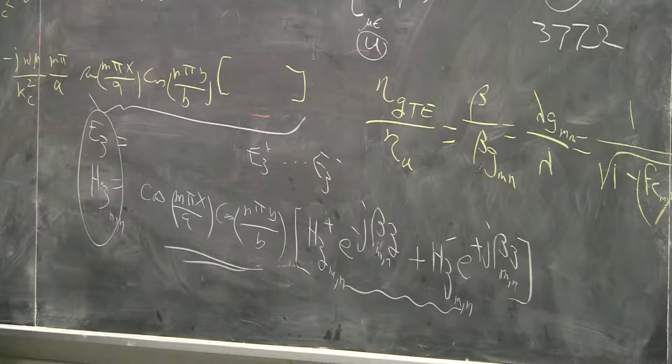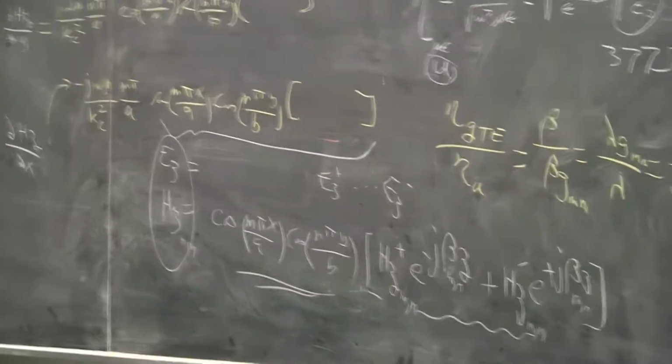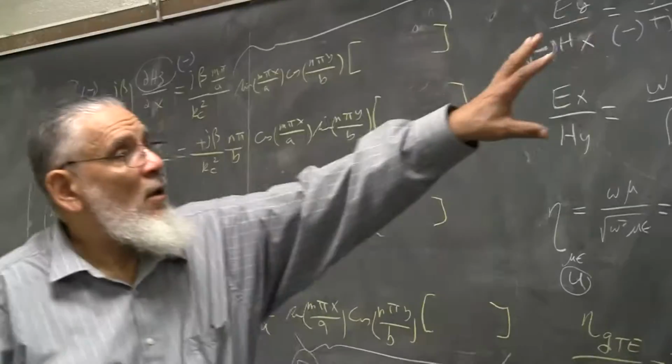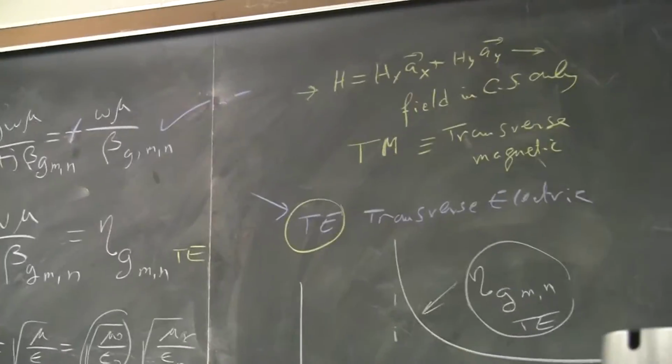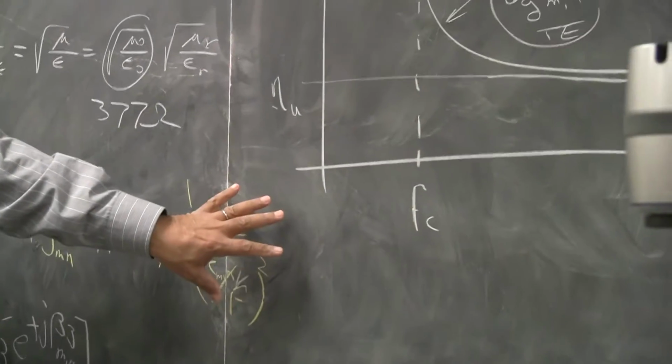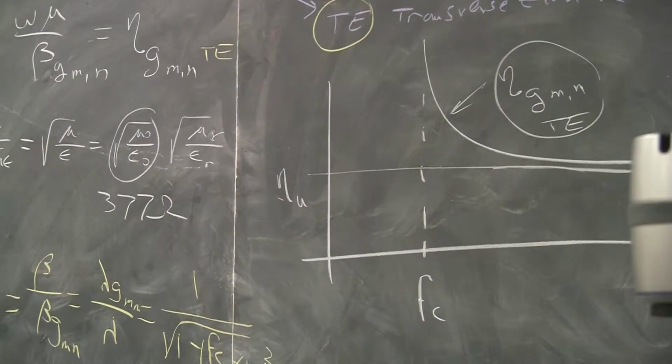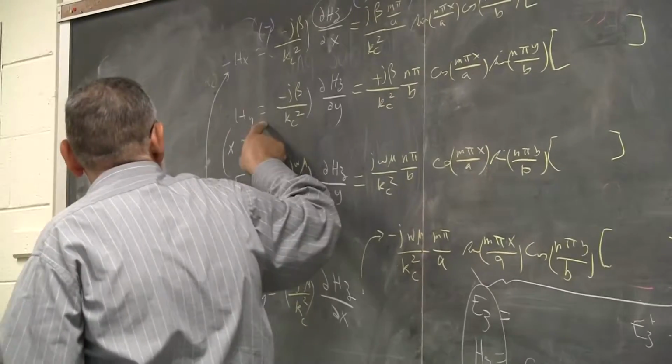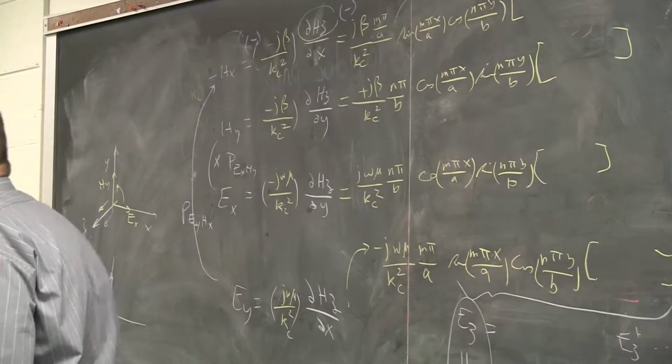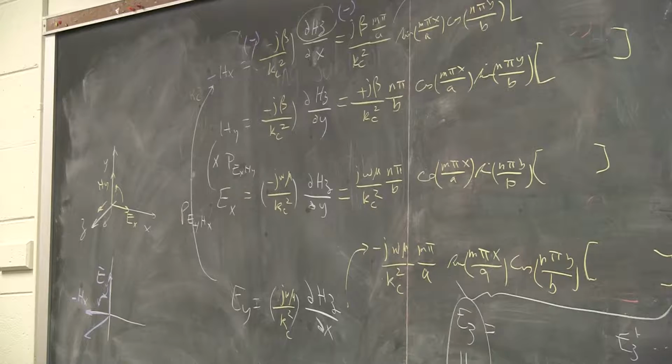How do we get the rest of the field solutions, which is the Ex, Hx, Ey, Hy? So we went back to the original 4, the first order differential equations, and we manipulated them such that we got the Hx, Hy, Ex, Ey in terms of Ez and Hz.